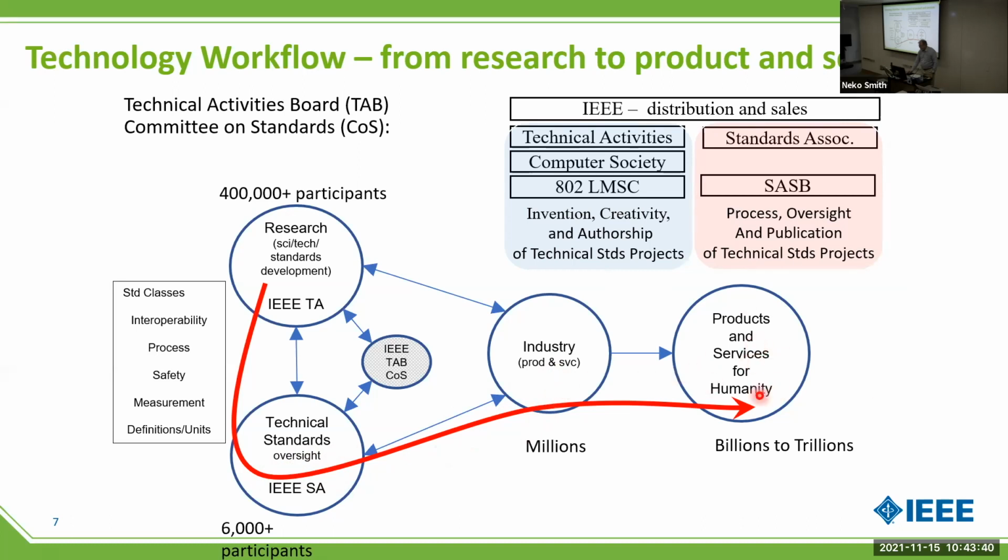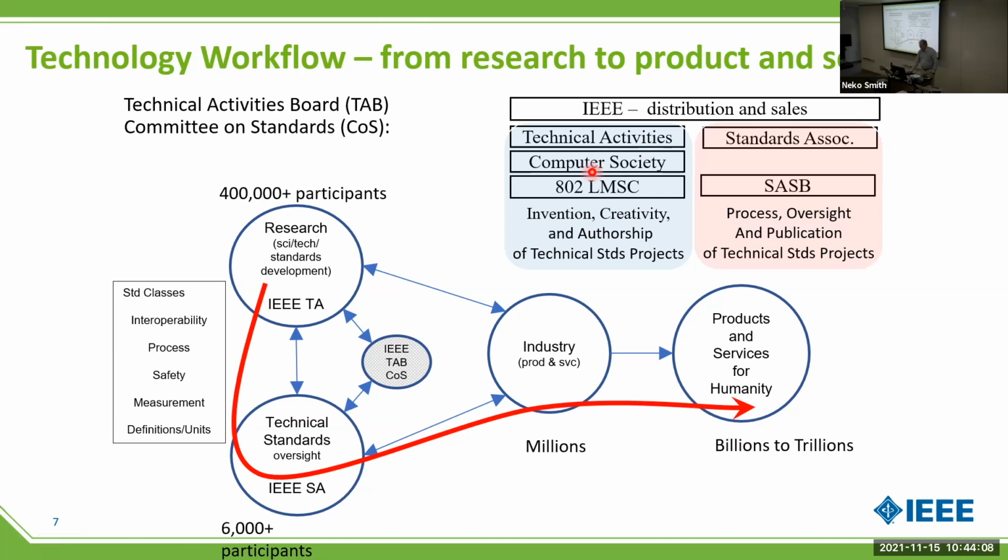And to deliver products and services for the good of humanity. What I try to depict here is that the number of participants in standards is about 6,000, with a lot of industry contributions to those participants. Industry covers millions of potential products, delivering products and services to billions to trillions of humans worldwide.